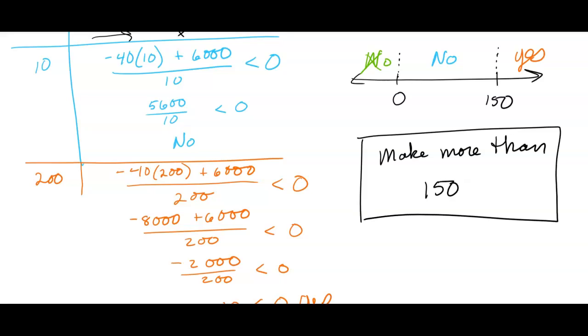That makes sense. If you make more of the item, the average cost should be lower. So in this case, if we make more than 150 items, then we can get the average cost to be less than $60 for the item.